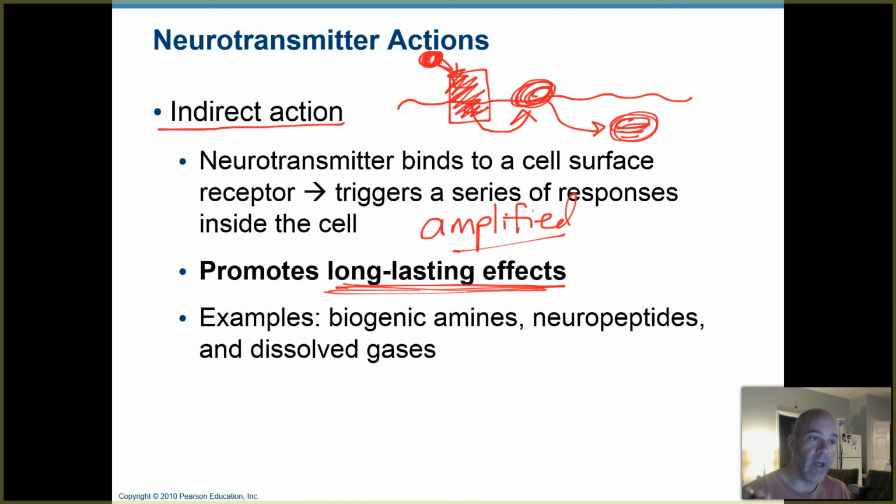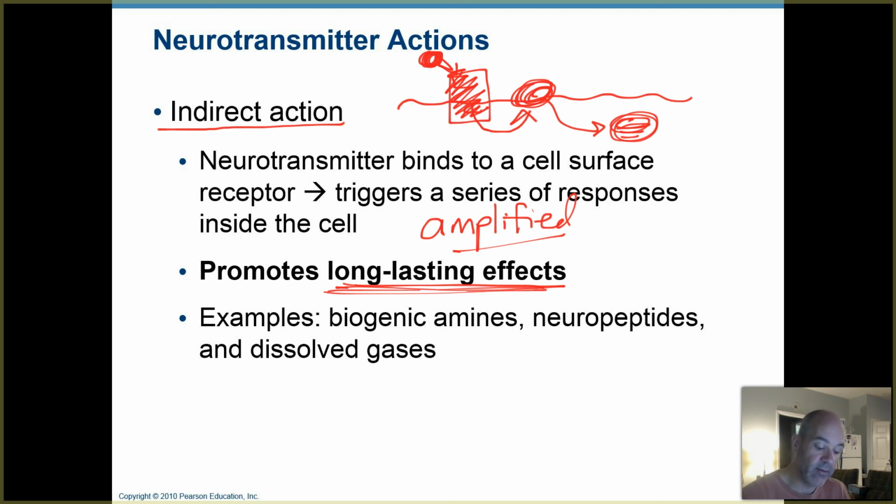So unlike when acetylcholine binds a skeletal muscle fiber and it'll generate one action potential, and then if you want to keep doing action potentials, you need more acetylcholine to keep coming from that presynaptic neuron, in the case of these, you might have a low amount of neurotransmitter that binds to the postsynaptic neuron, but that might trigger some sort of longer lasting effect inside the postsynaptic neuron. It might change its behavior for a longer period of time.